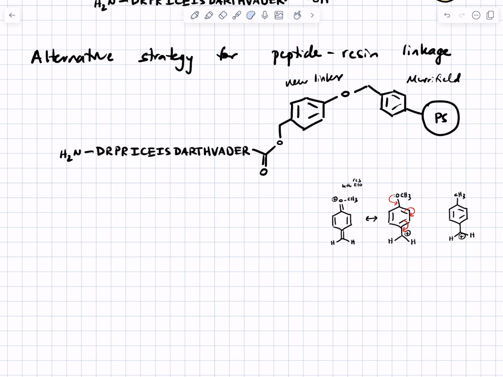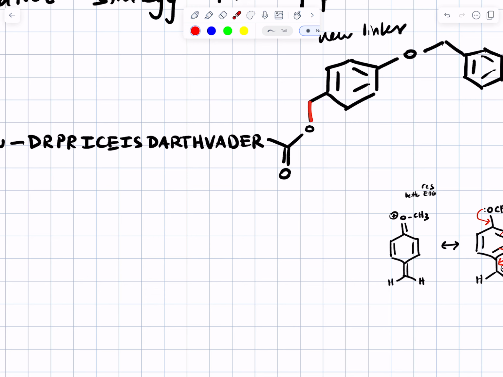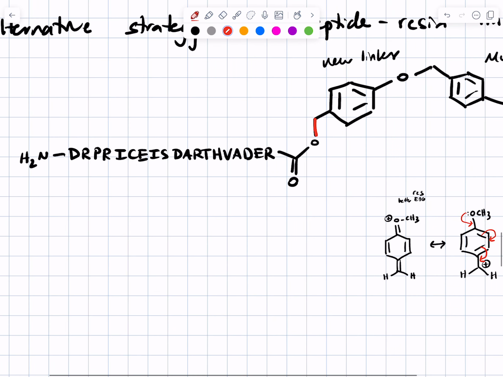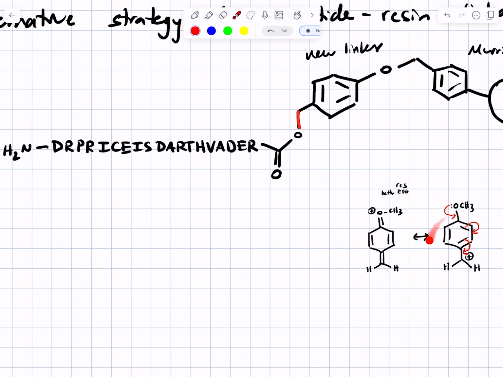So previously, with the regular Merrifield resin, we needed to break this ester, we needed HF so that fluoride can do an SN2 reaction. Now, because of the stability of this resonance stabilized carbocation, this bond is basically what we're going to call SN1 labile. The carbocation is stable, so all we need to do is turn this carboxylate into a good enough leaving group and it'll leave on its own.